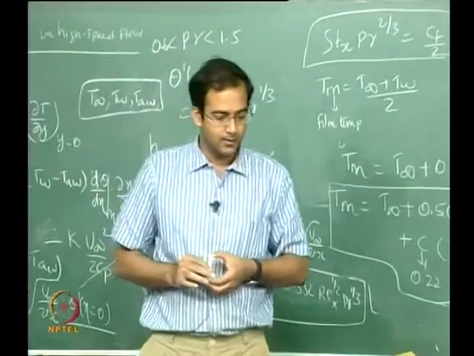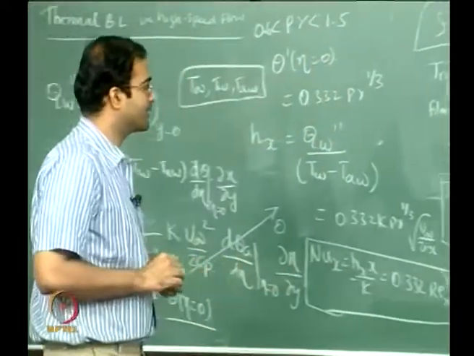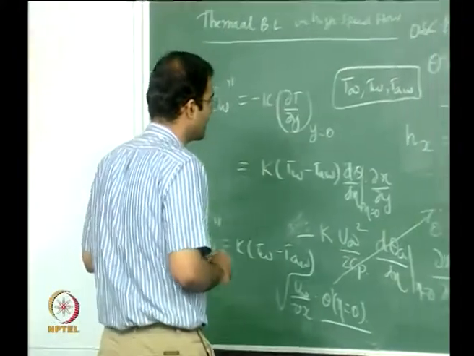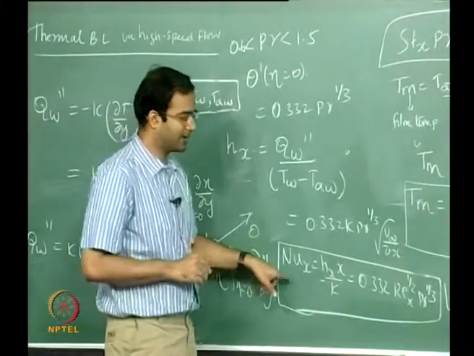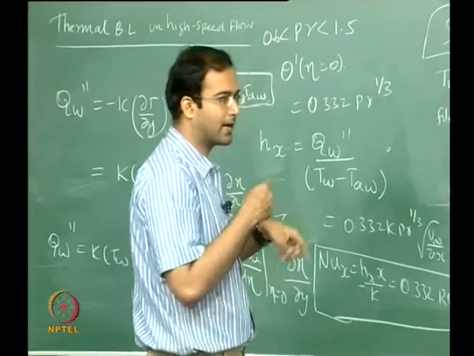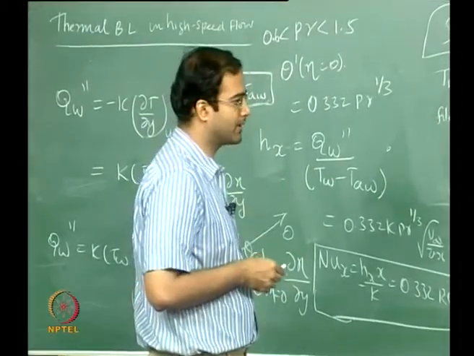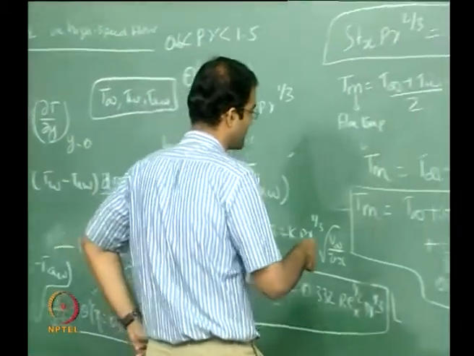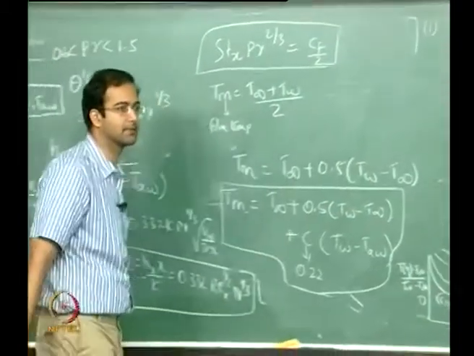You have to be careful that the definition of heat transfer coefficient is different, but finally the form of Nusselt number is exactly the same, and the properties have to be calculated at the temperature in this particular fashion.